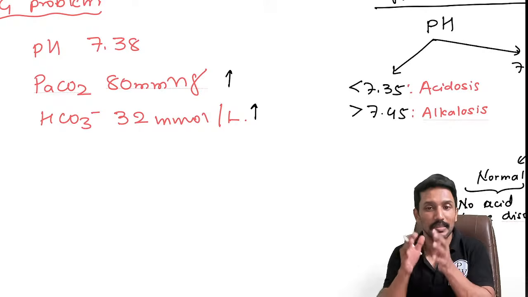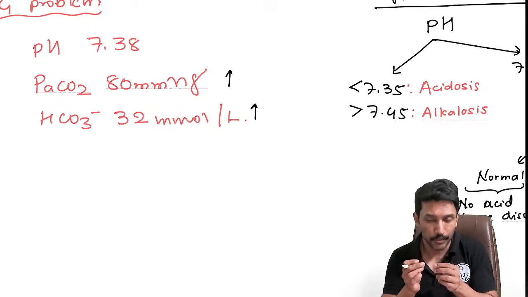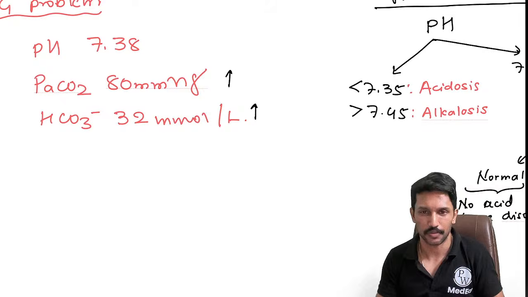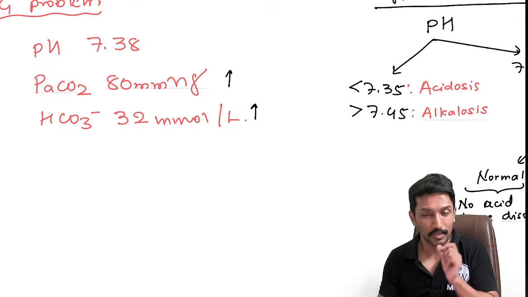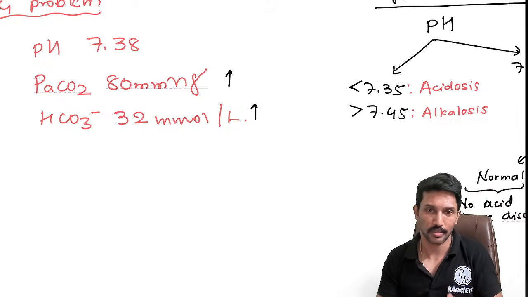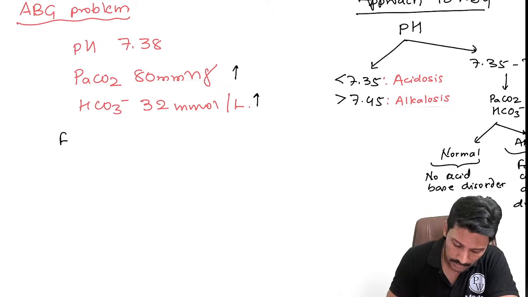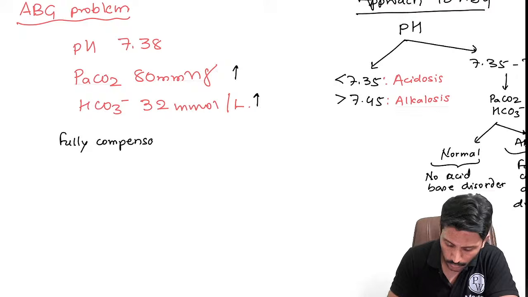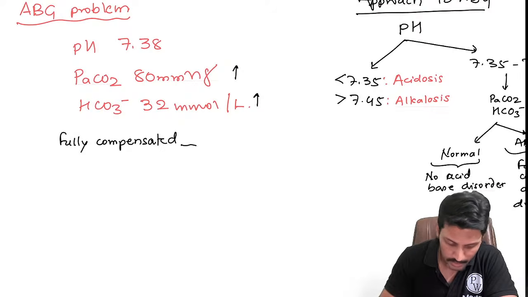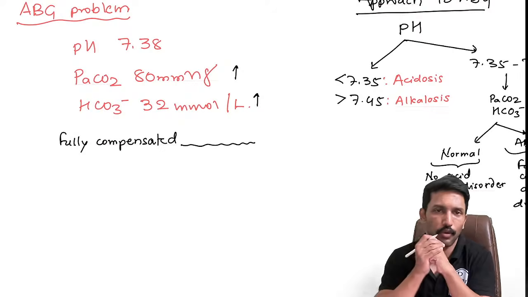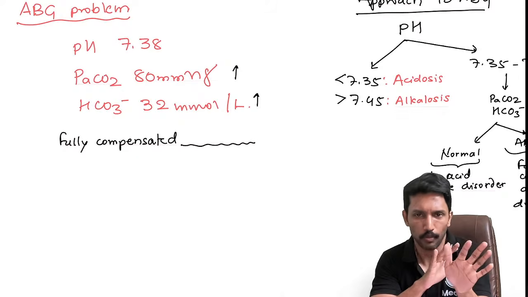That means there is a hidden acid-base disorder which has been compensated to normal pH by the compensatory change. Now I have to figure out what is the primary abnormality and what is the compensatory change. That's the second part. But here we can clearly agree that we have some fully compensated acid-base disorder. Which one is that, we have to figure out. But it is fully compensated.